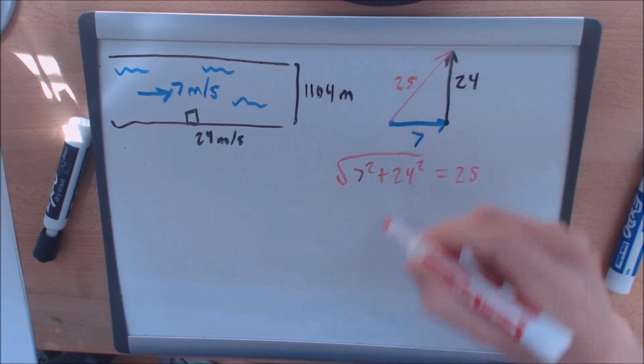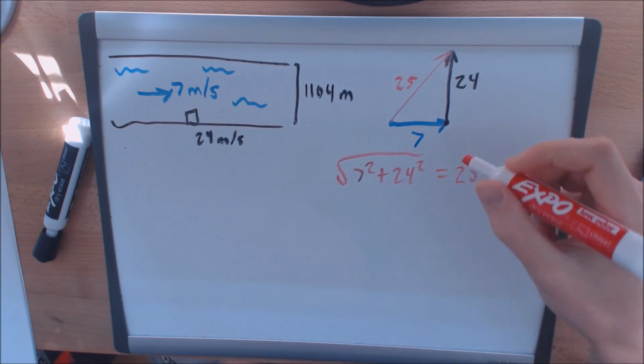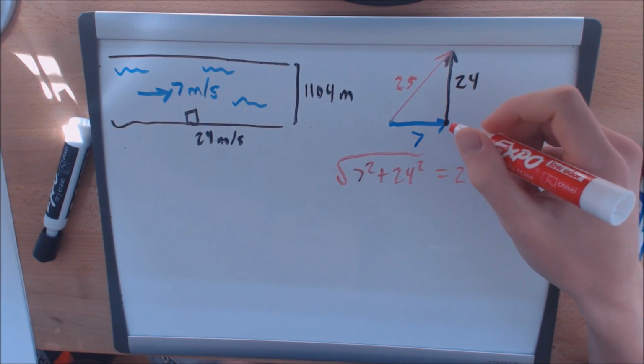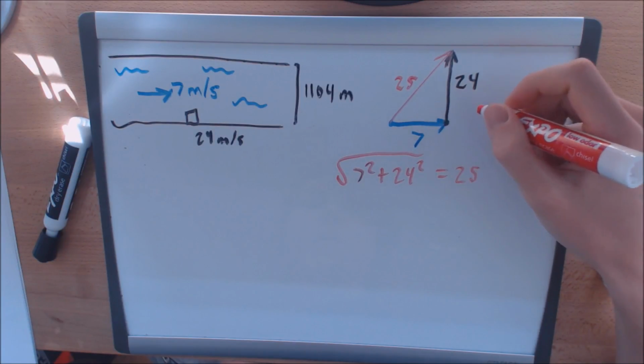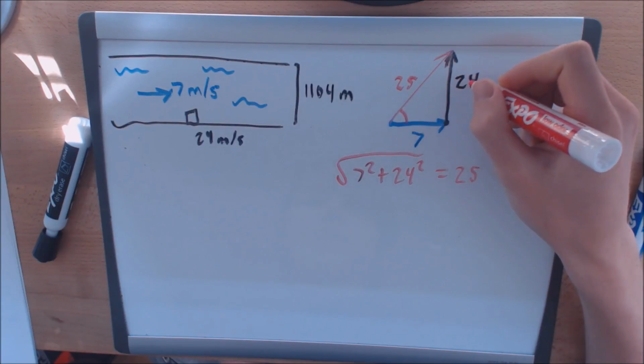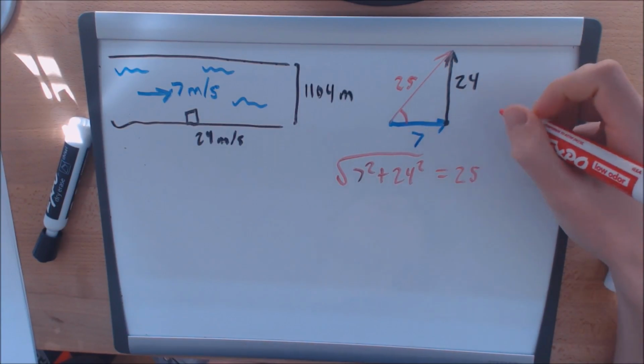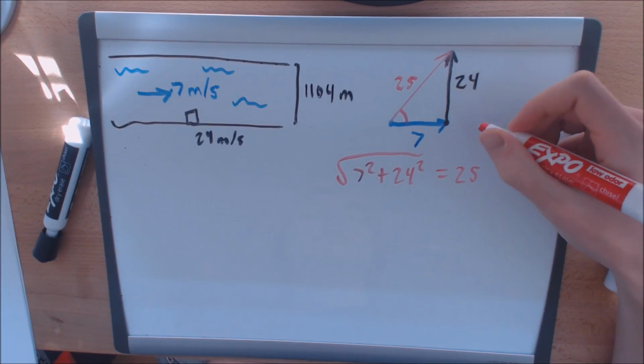Which gives us this side. So that's the speed. And then the angle of that, this is the opposite side, and then this is the hypotenuse. So the one that relates opposite and hypotenuse is sine.